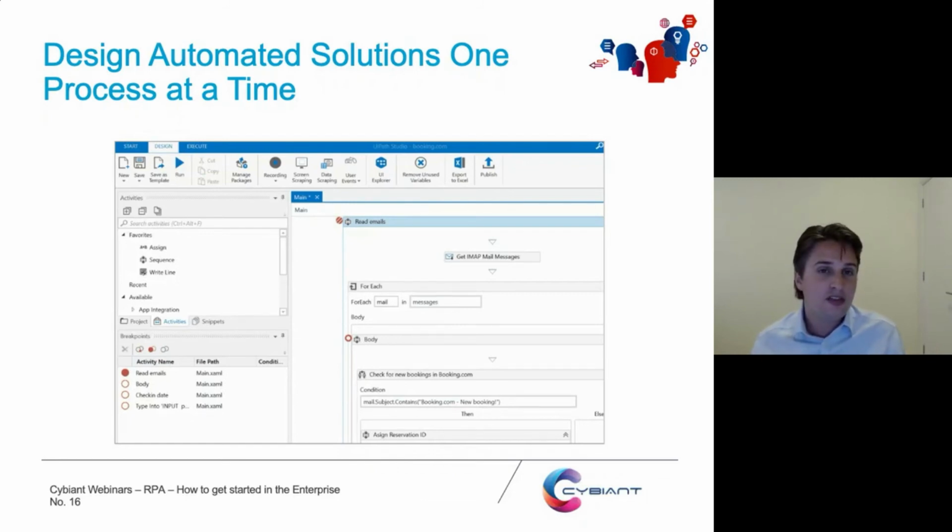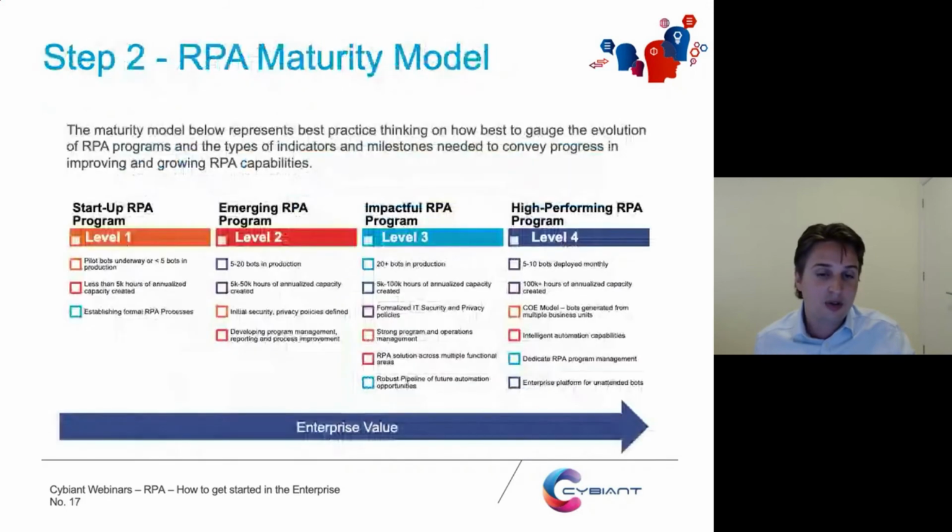But the key point is one of the statements that I made earlier in the session today. A robot, in essence, is a software program. So just like you would need to type a letter in Word or calculate some cells in Excel, you would need to design a robot within a workflow, a robot program. And that's what you would need to do next for each of your individual levels.